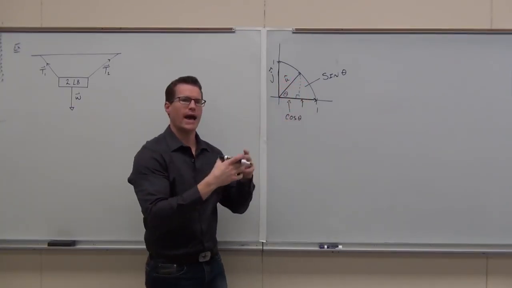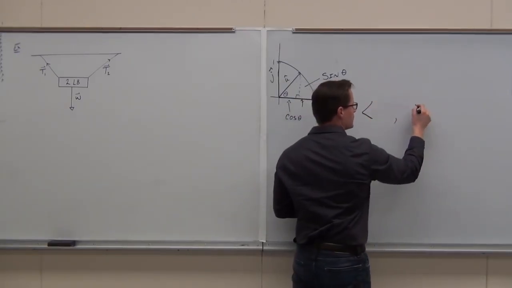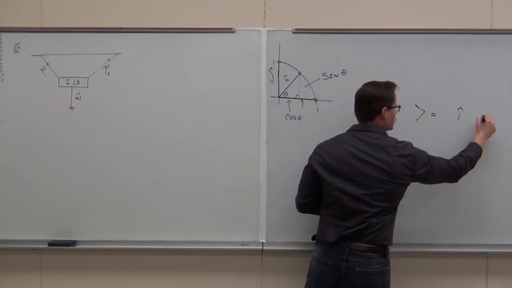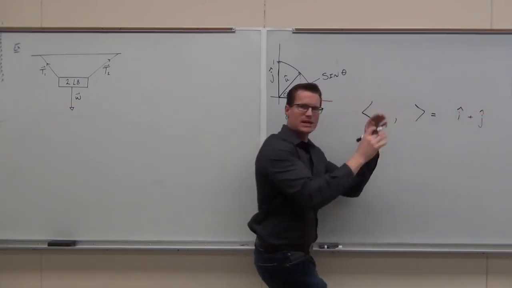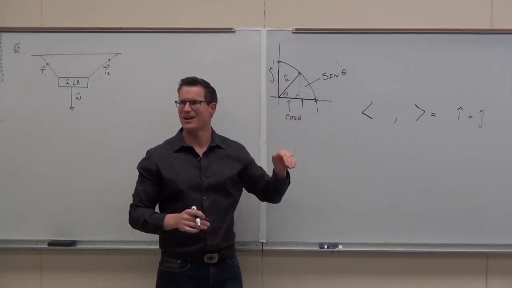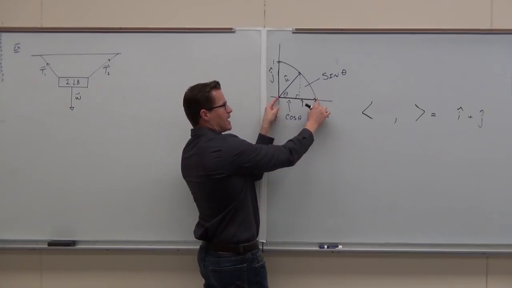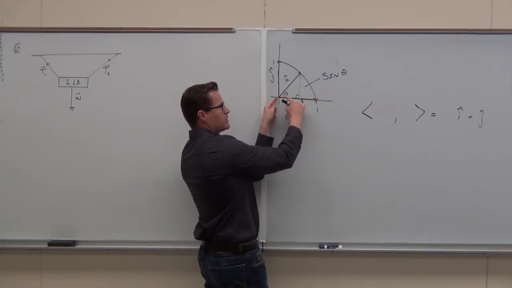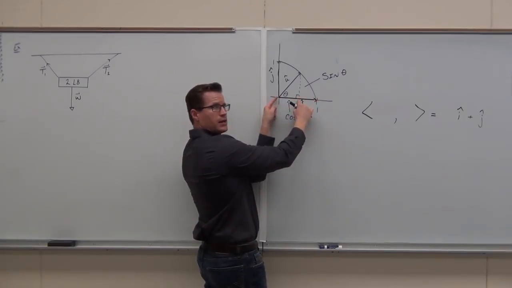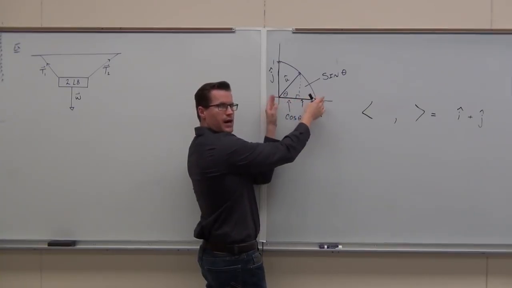Do you remember how we took this notation and did the i, j notation by breaking up the vector and saying, instead of going from here to here, I want to do this and I want to do that? Do you remember that? This is what's going on. If this vector is i and cosine only goes to this part of it, cosine theta is a fraction of the i.